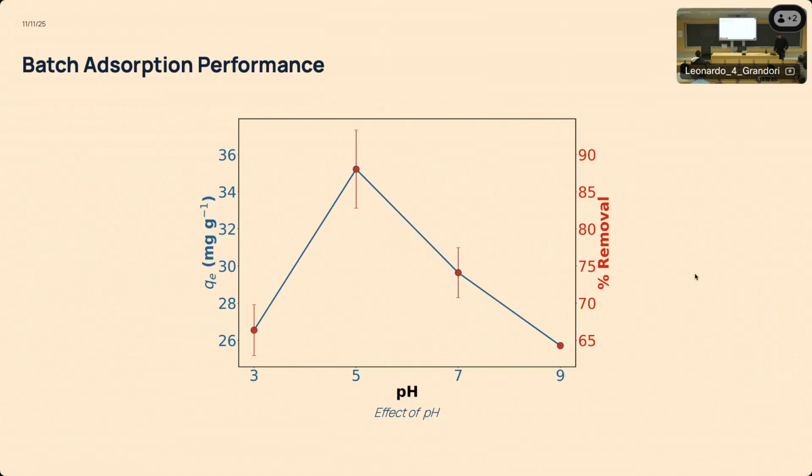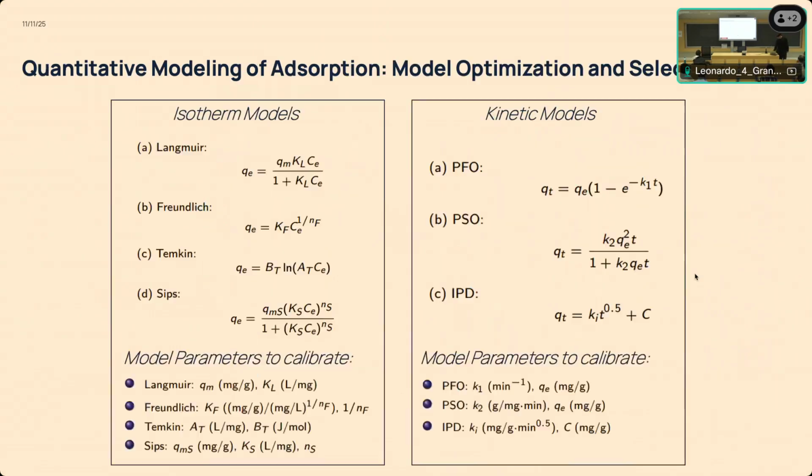After our batch experiment was done, we tried to model both the kinetics and the adsorption isotherm associated with this adsorption process. To model the isotherm and the kinetics, we used a variety of conventionally utilized adsorption isotherm models like Langmuir, Freundlich, Temkin, and Sips. For the kinetics of the batch, we used pseudo first order, pseudo second order, and interparticle diffusion models.